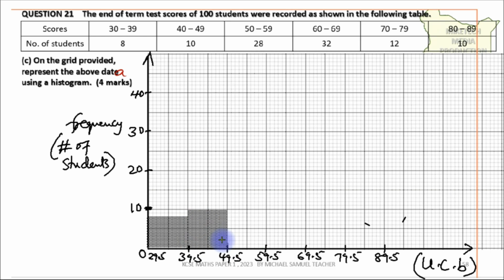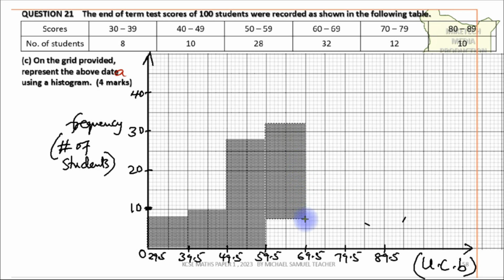That is clear. Then from 49.5 to 59.5, it is 28. So from here our 28 will be at that point. Then from 59.5 to 69.5, the frequency is 32, so 32 will be at that point.